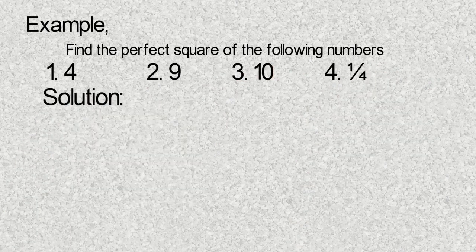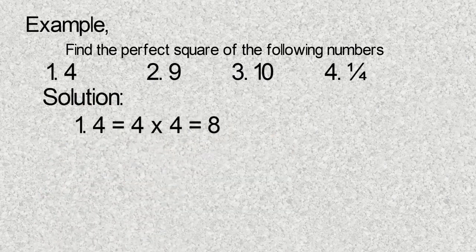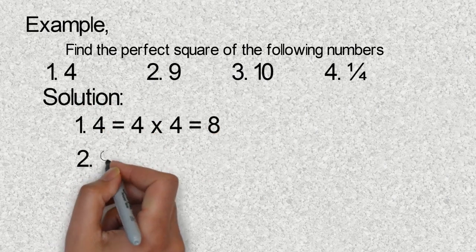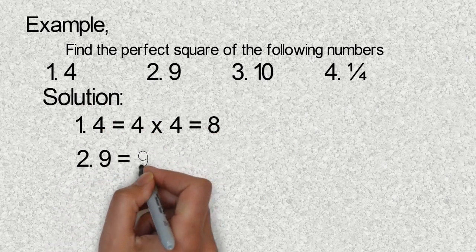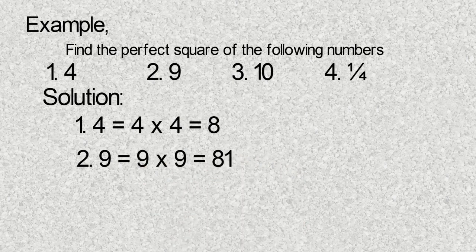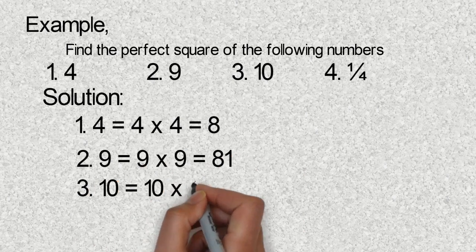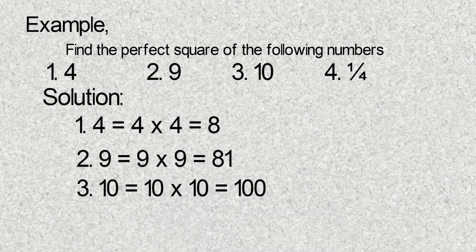For 4, the perfect square is 4 multiplied by 4. You multiply by itself, it gives me 16. And for 9, I have 9 multiplied by 9, which gives me 81. And for the third one, 10 multiplied by 10 gives me 100.